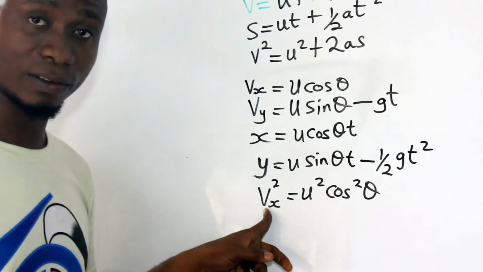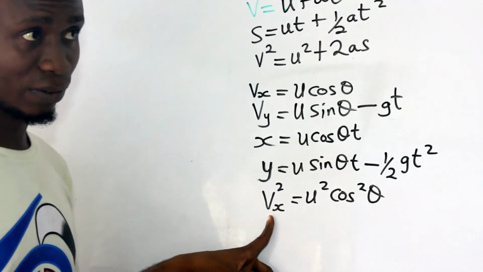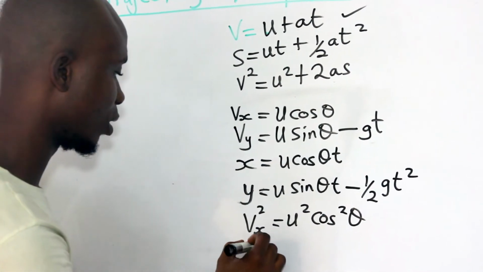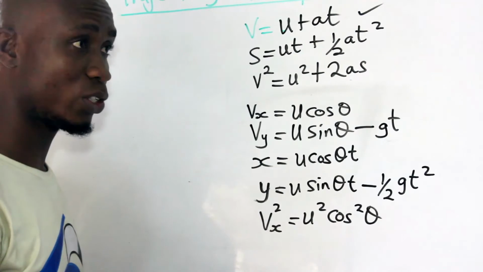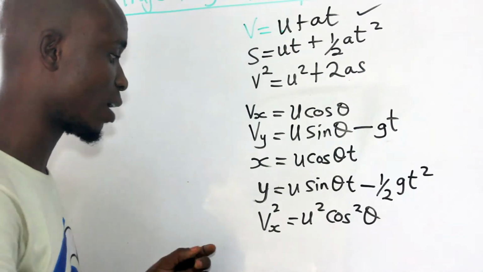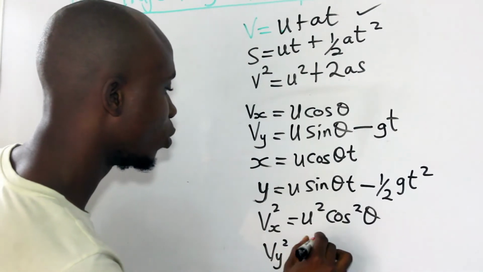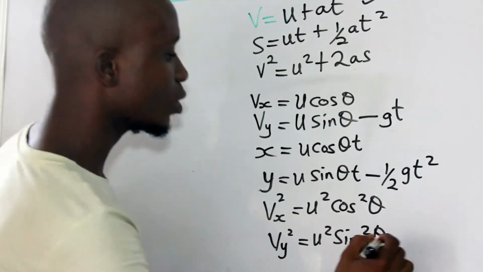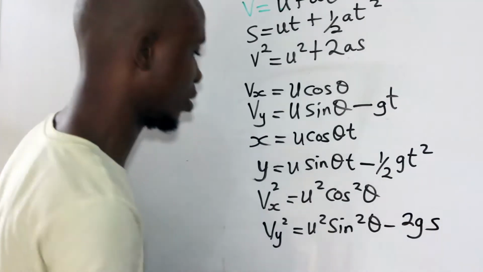This is the horizontal component of velocity, and horizontal motion is not affected by gravity. So we move on to vy squared equals u squared sine squared theta minus 2gs.